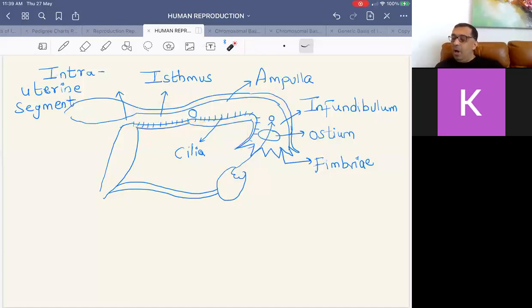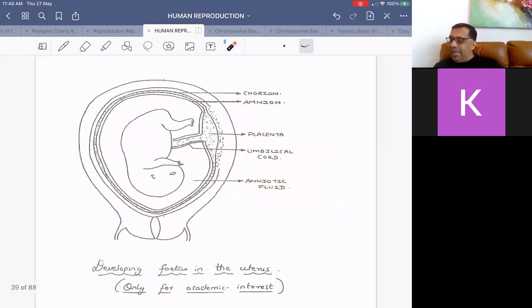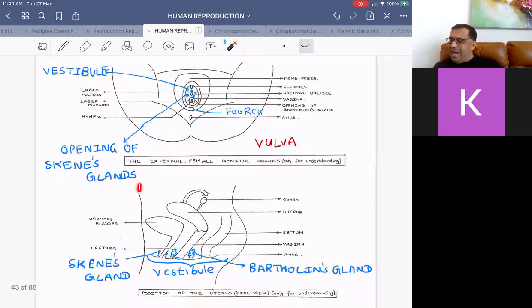Then we have the uterus or the womb. The uterus lies in the abdominal cavity behind the urinary bladder and in front of the rectum. So if you see this carefully, this is your cut section of the female body.